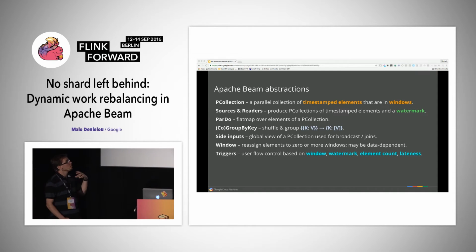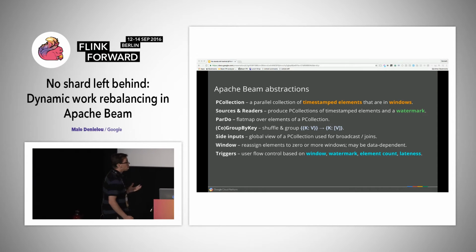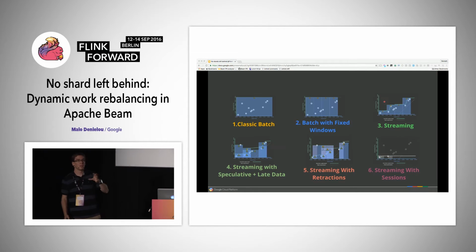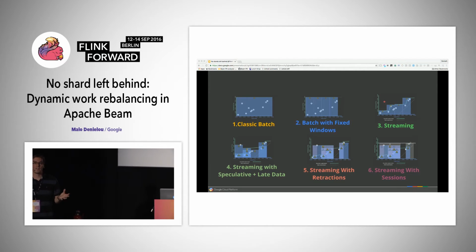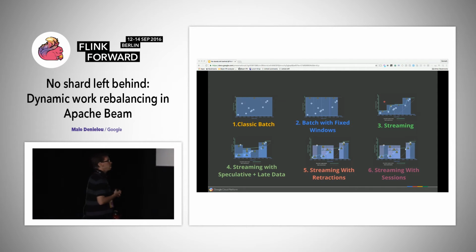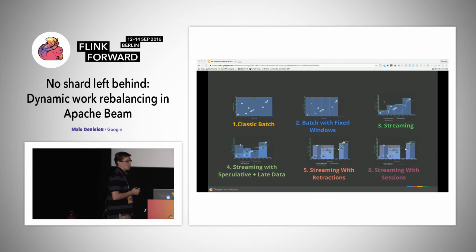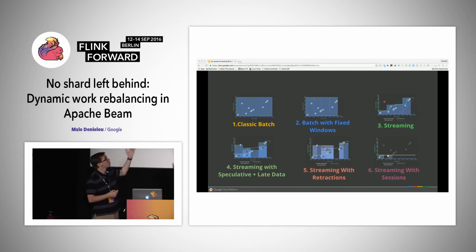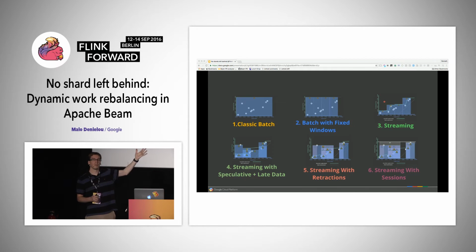So the key aspect of the Beam programming model is that these 7 constructs are enough to express a really wide variety of processing pipelines. And it can go from classic batch, where every element is part of a global window, and where the timestamp does not matter.